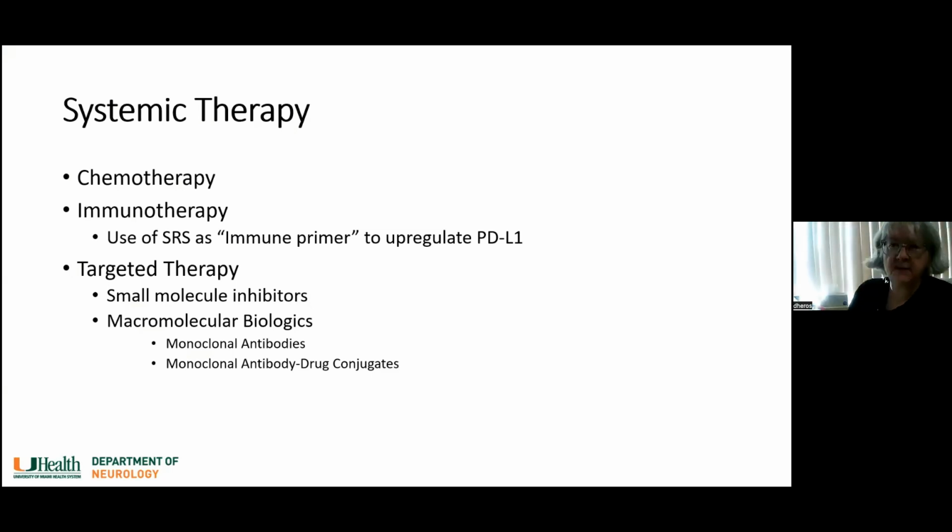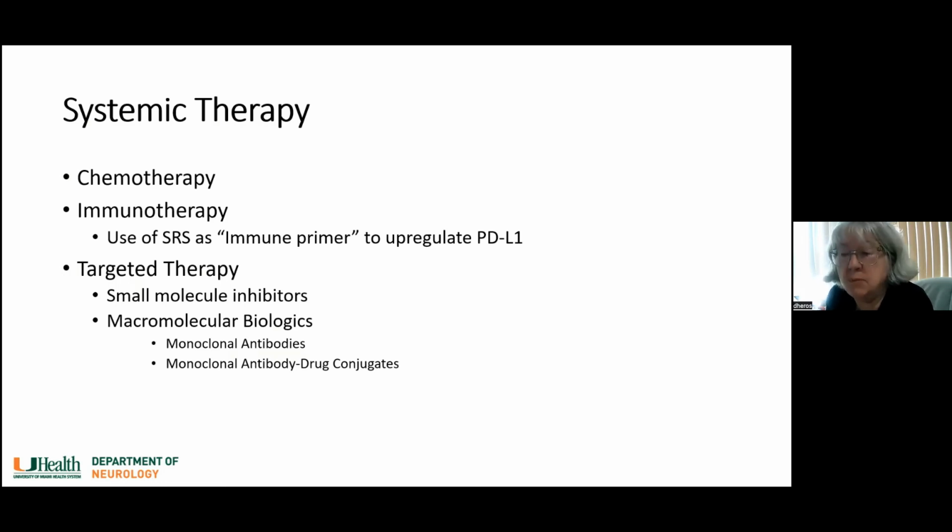The systemic therapy, I think, has been an area where there's an increased interest, and chemotherapy still plays a role, but probably now in combination with other therapies. Immunotherapy has become very important, especially for patients with melanoma and lung cancer.